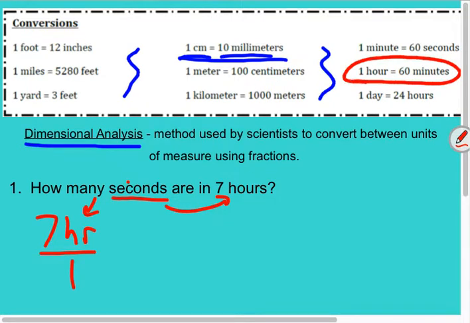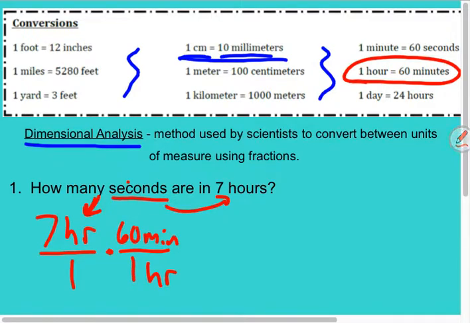Now, we're going to multiply that by an equivalent fraction to convert from hours to minutes. Now, I can see that hours is in the numerator here, so I'm going to put hours in the denominator here so I can eventually cross cancel them. We'll put minutes in the numerator. Now the conversion is 1 hour to 60 minutes, so it'd be 60 minutes over 1 hour.